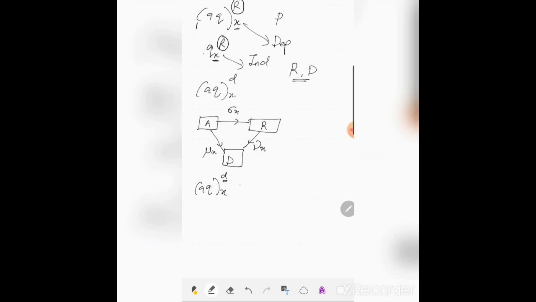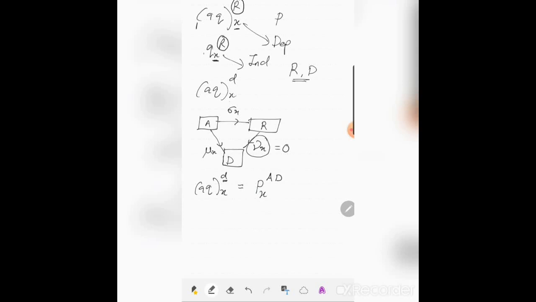So if I assume here that this transition is 0, what I'm saying is that AQXD, the probability that the person whose age is X will leave the population because of death, is the same as the probability that the person who's currently in state active moves to the state death from age X to X plus 1.